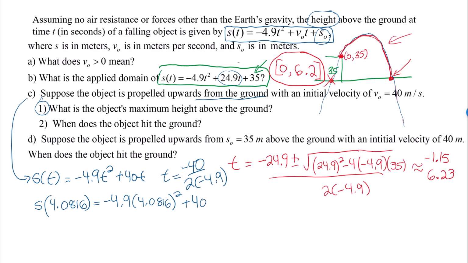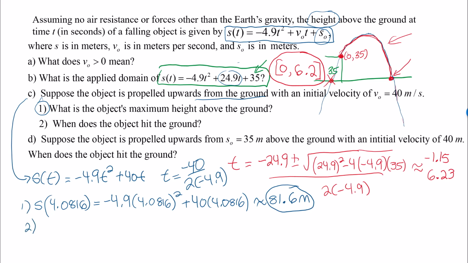So we're going to put it in there and punch buttons and find out what that value is. And when I put that in there, and I'm going to round the final answer to 1 decimal place, that's going to be 81.6 meters. Okay, so that's number 1.